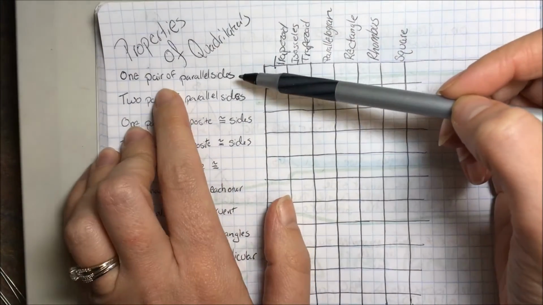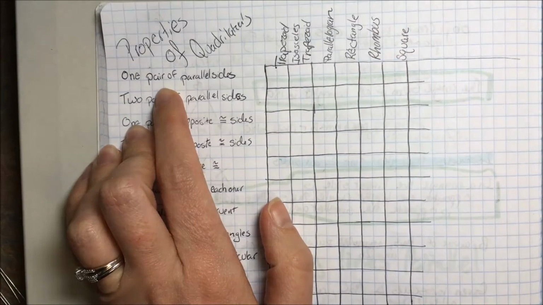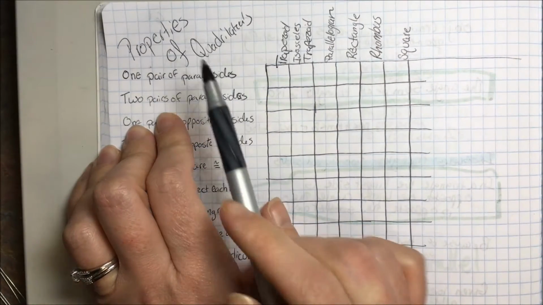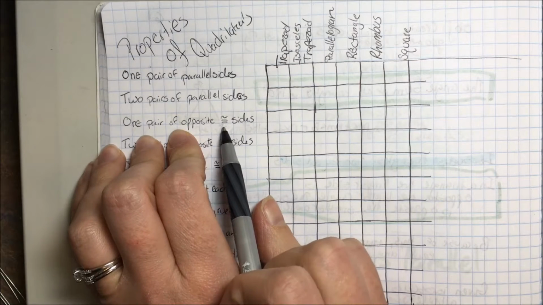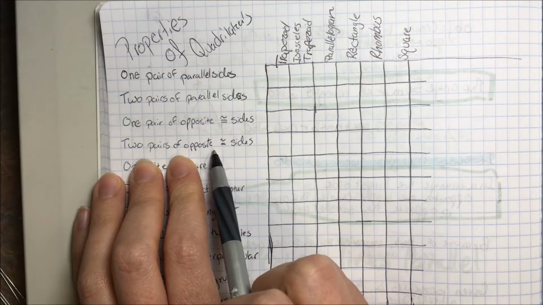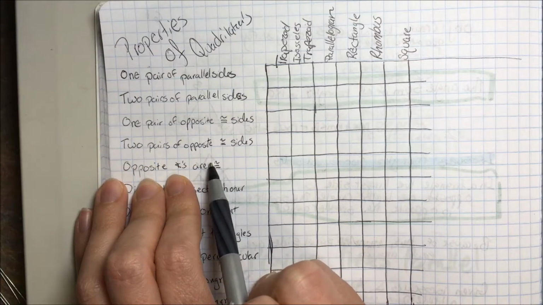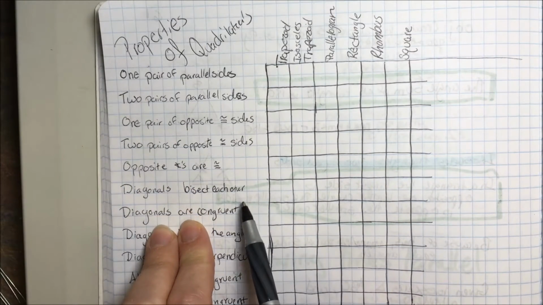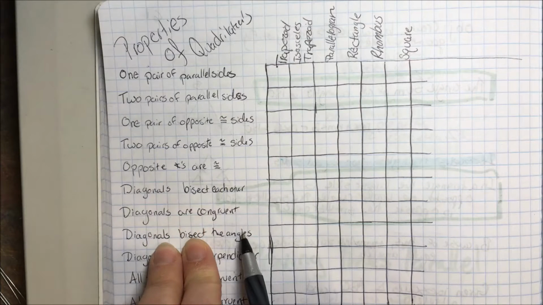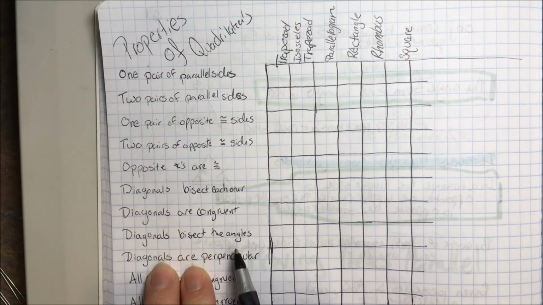At the top I have one pair of parallel sides, two pairs of parallel sides, one pair of opposite congruent sides, two pairs of opposite congruent sides. Opposite angles are congruent. Diagonals bisect each other. Diagonals are congruent. Diagonals bisect the angles.